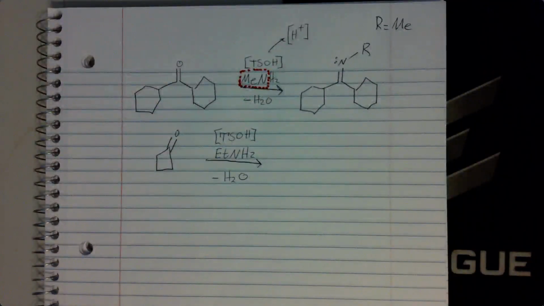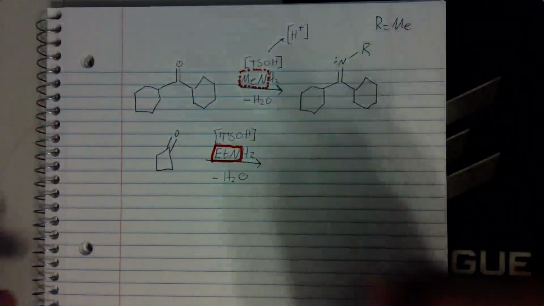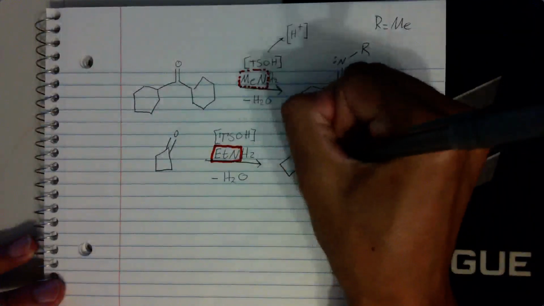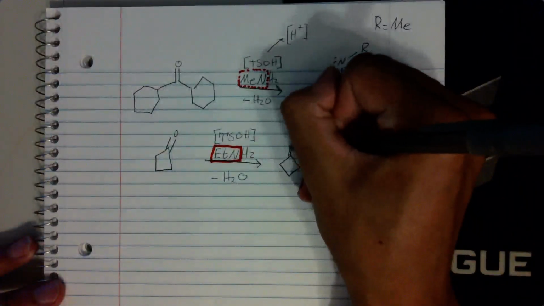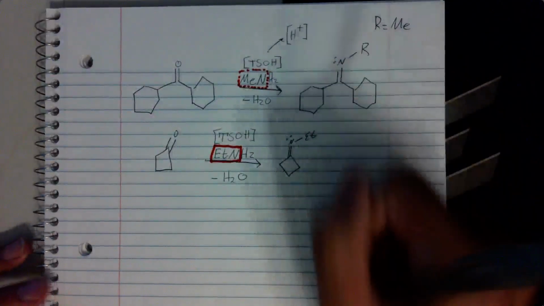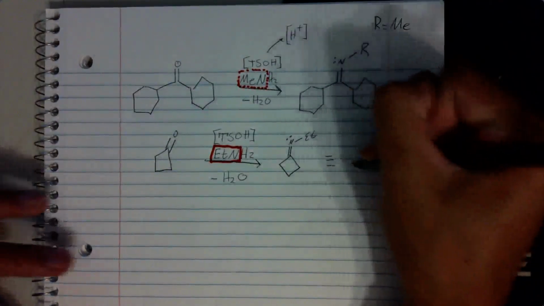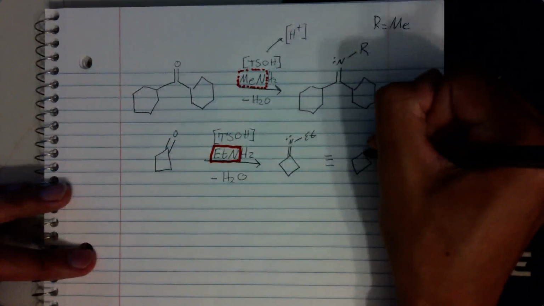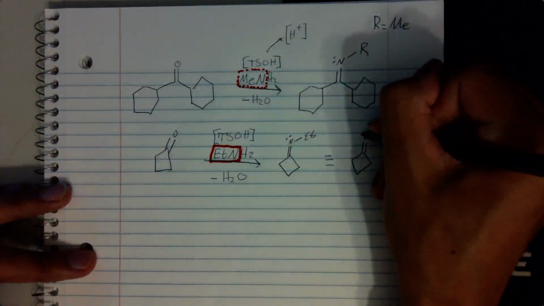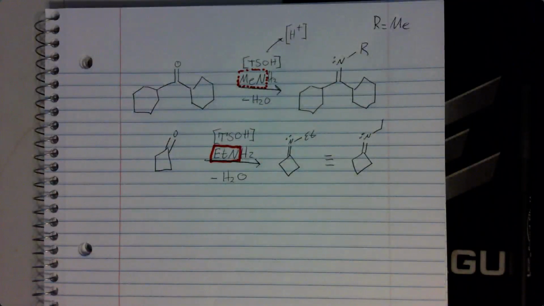So what do we do? Simply replace the oxygen with NEt. Namely, you will end up with this as your product, N-ethyl. That is it. Which is, of course, the same thing as this, okay, for those that need to see it. Just an ethyl group. That's it.